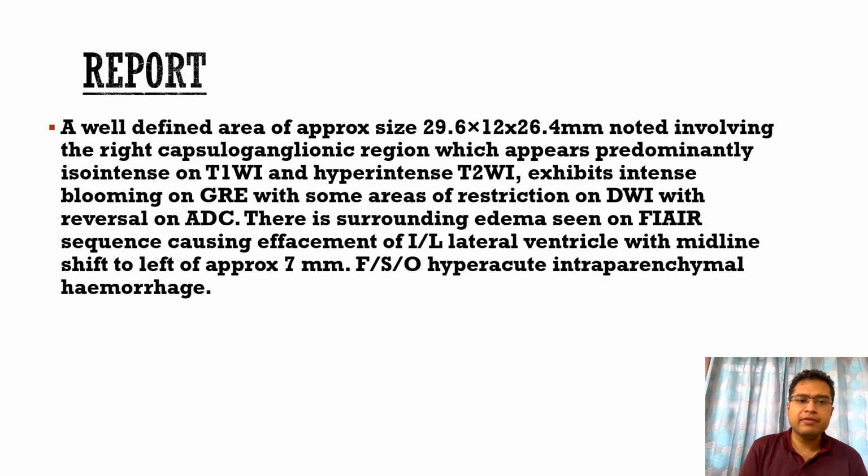This is the report that I had given: a well-defined area noted in the right capsuloganglionic region, which appears predominantly isointense on T1, hyperintense on T2, exhibits intense blooming on GRE with some areas of restriction on DWI. Hyperacute and late subacute stages of bleed show restriction. There was surrounding edema seen on FLAIR with effacement of the lateral ventricle with midline shift to the left, suggestive of hyperacute hemorrhage.